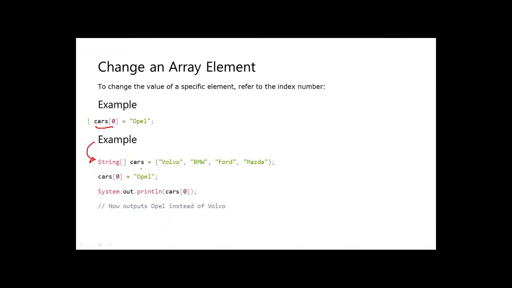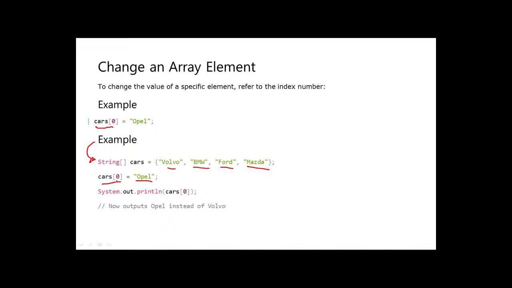So we have here again the cars has Volvo, BMW, Ford, and Mazda. And then we have cars at index 0 equals Opel. So this is how we change the element or the value of the element.